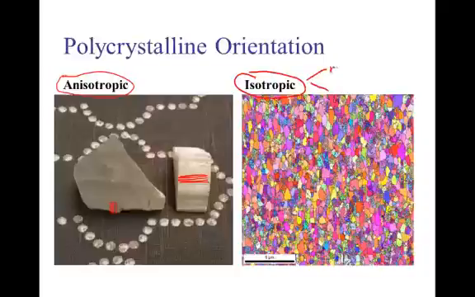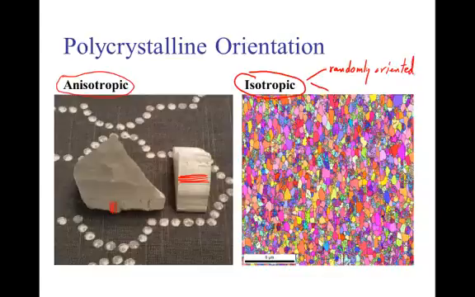One is that you can have crystals that are randomly oriented. So you have lots of microscopic crystals in the structure, and they're random in orientation. So yes, for each crystal it's anisotropic, but for the entire object, the material properties of the crystals average out over all the directions, and the object is isotropic in properties.